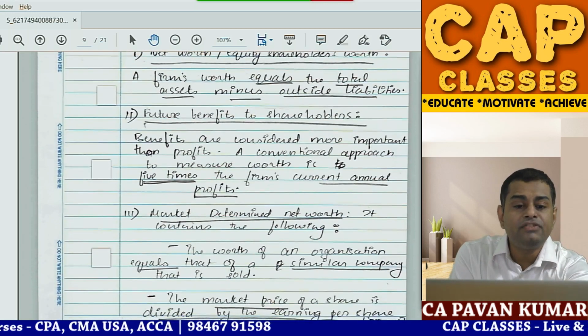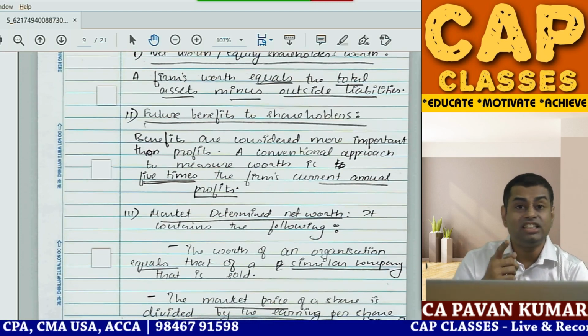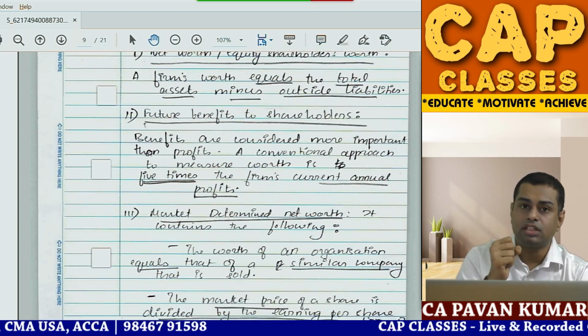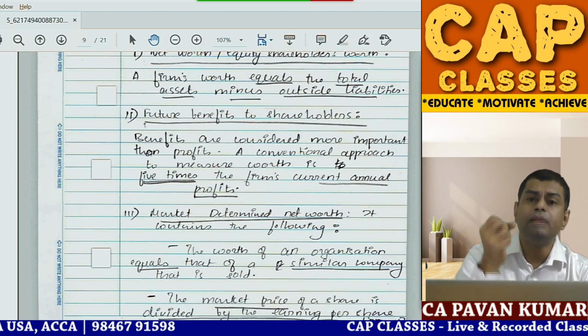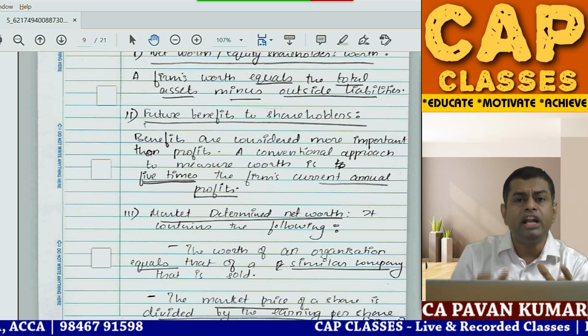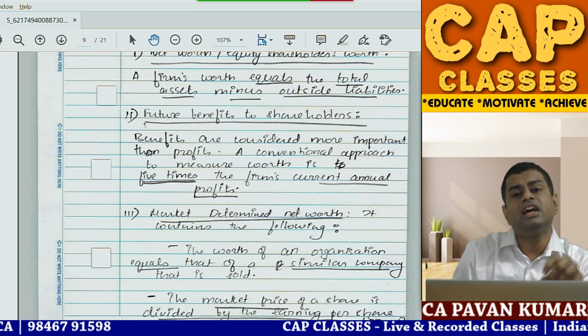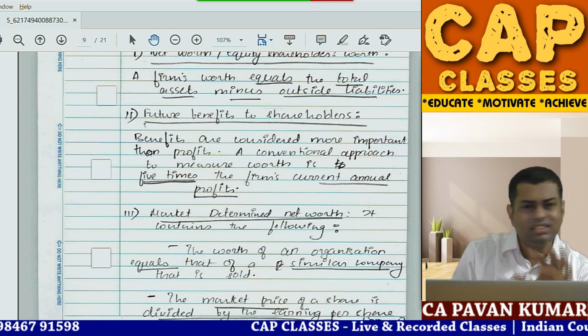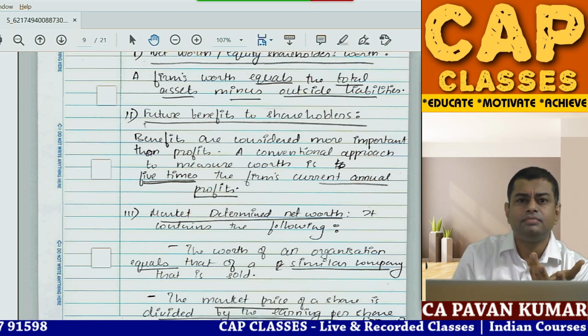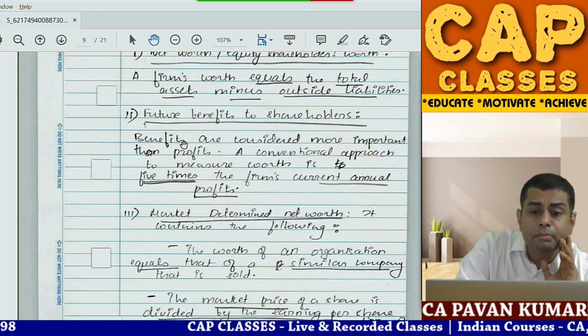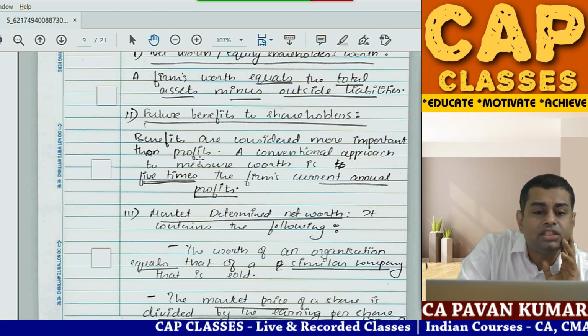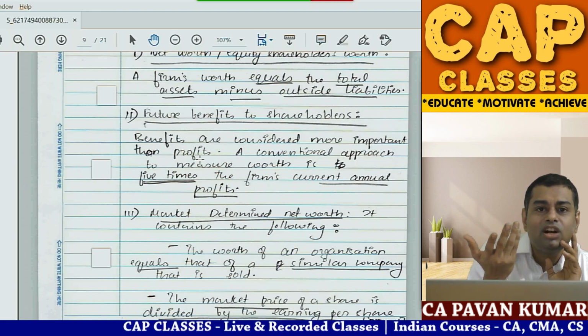Then future benefits to shareholders. What is that? Okay, like PE multiplier valuation and all. You don't need to write price earnings ratio, calculate earnings, multiply with price earnings. That is also not required. Now, see here, benefits are considered more important than profits. What is that?